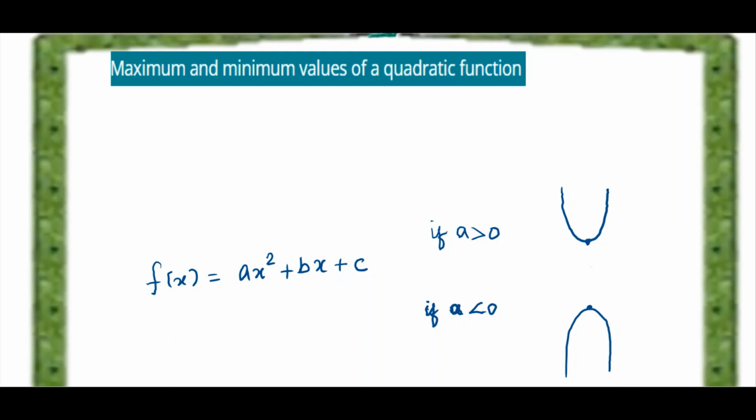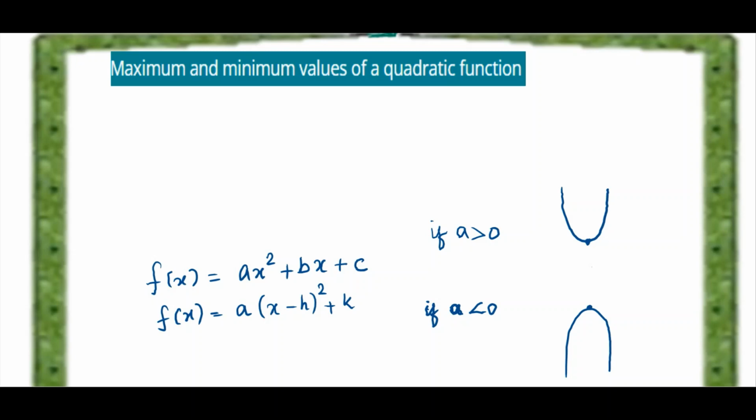Completing the square is an alternative method that can be used to help to sketch the graph of a quadratic function. Let us consider f of x equal to ax square plus bx plus c, and it is written in the form f of x equal to a multiplied by x minus h the whole square plus k.